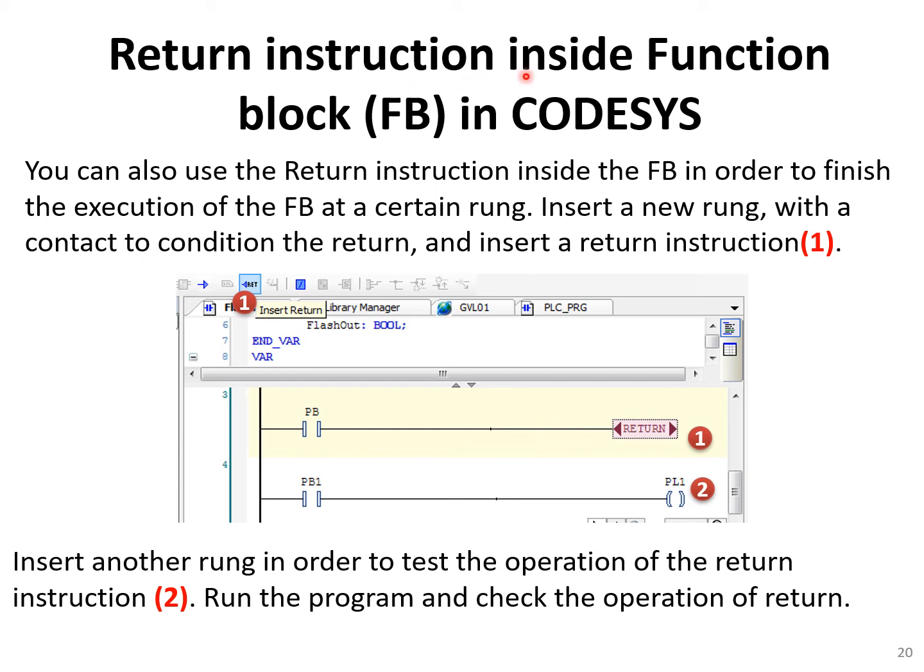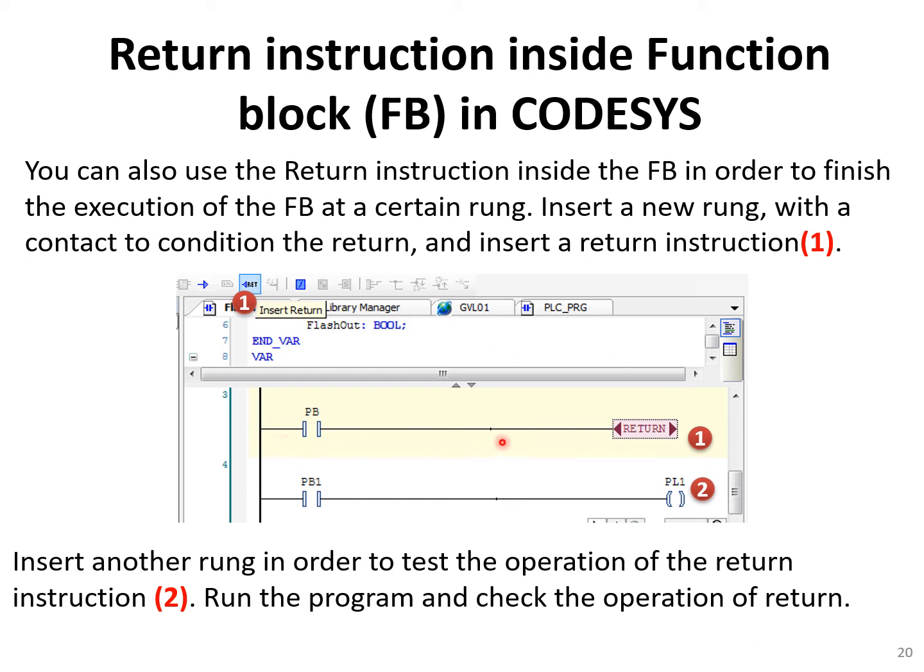Return instruction inside function block FP in Codesys. You can also use the return instruction inside the FP in order to finish the execution of FP at a certain rung. Insert a new rung with a contact to condition the return and insert a return instruction.